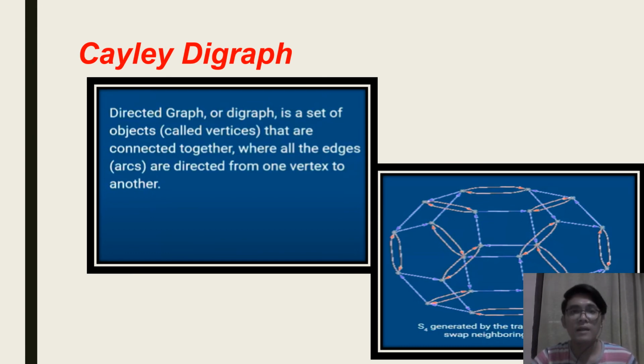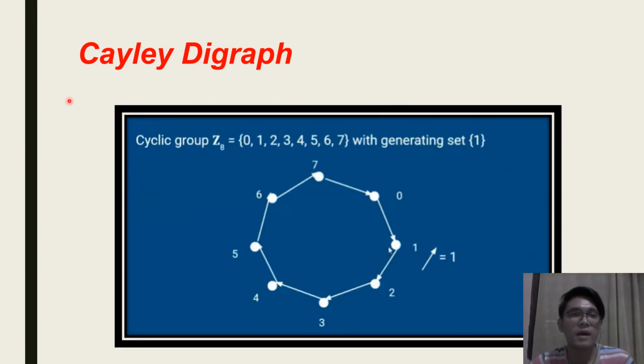And now, let's take a look at some examples. This is a very easy example of a Cayley digraph. We have the cyclic group C_8, equal to 0, 1, 2, 3, 4, 5, 6, and 7, with the generating set of 1. And this is a visualization of the Cayley digraph.